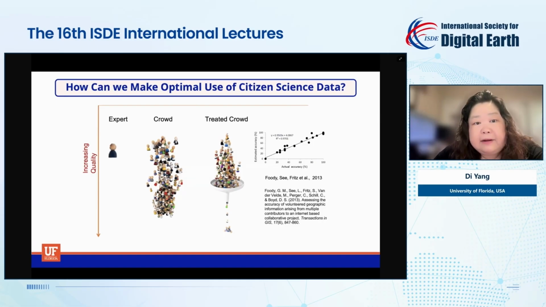The great idea for making the best use of citizen science data is to give the citizen scientists training, so that they understand how to standardize the data protocol, for example. We can see that with different trainings, the trained crowd can reach a really great level of accuracy in collecting those data as well.